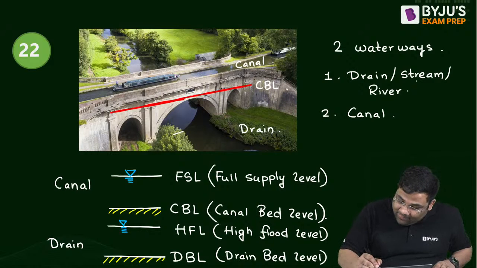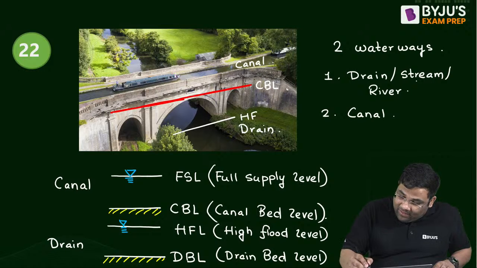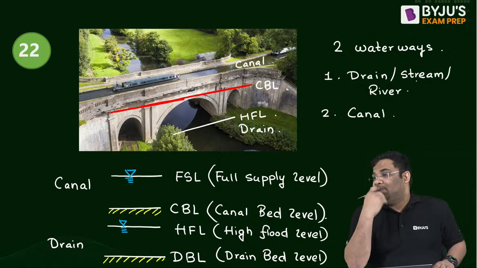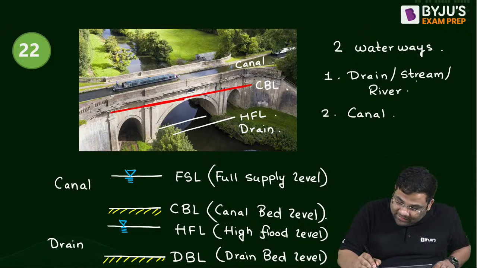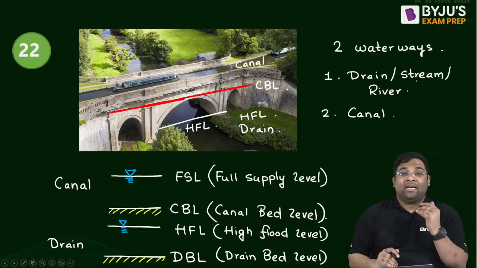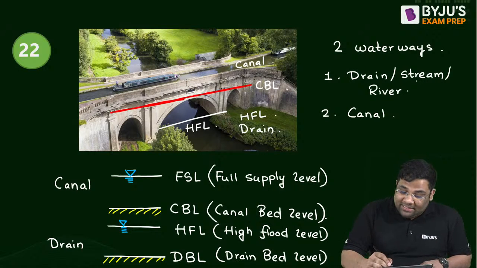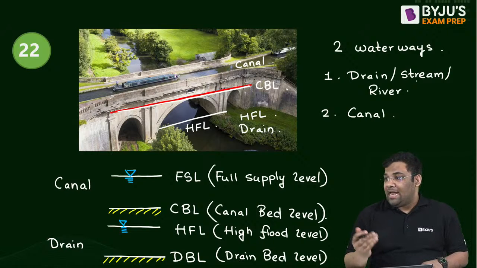And you see this level is the HFL. Or suppose it increases a little bit also. You see there is some gap between the high flood level of the drain and the bed of the canal. So this is an aqueduct.